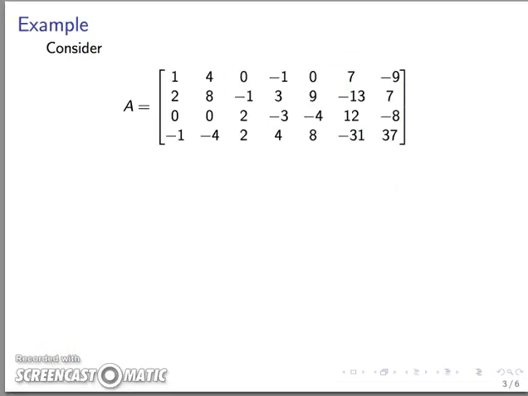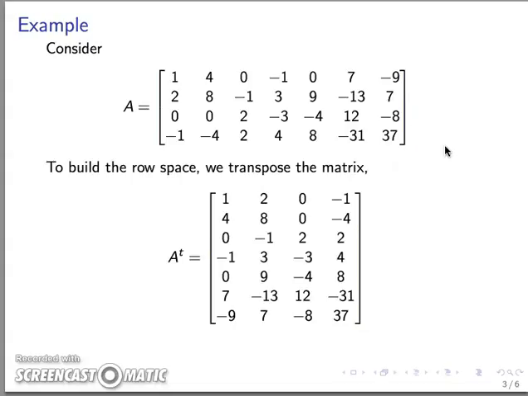Here's an example. This matrix has 4 rows, and it has 2, 4, 6, 7 columns. So A is 4 by 7, and therefore A transpose would be 7 by 4.